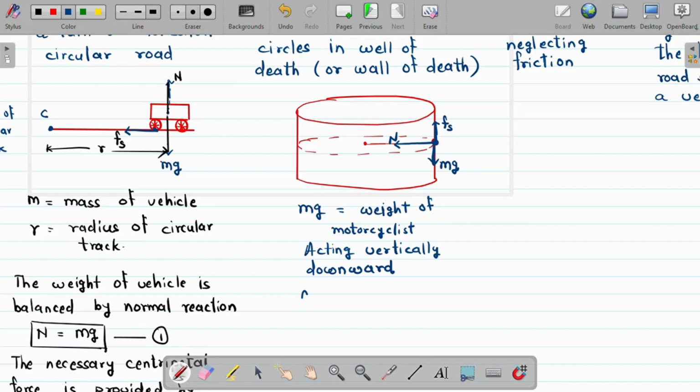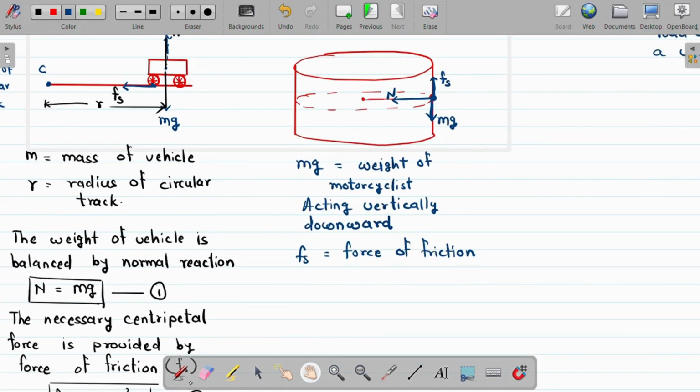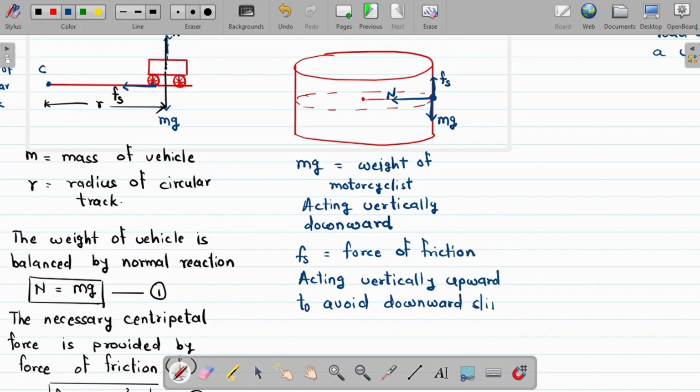and Fs represents the force of friction acting vertically upward just to avoid downward slipping of the bike.